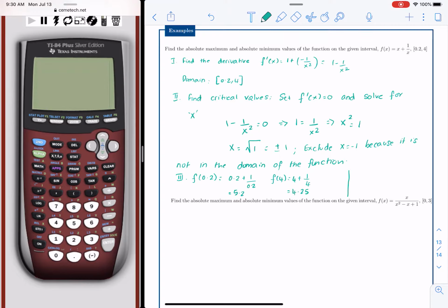So it looks like we start at 5.2, and it is coming back to 4.25. So at 0.2, we have 5.2, and at 4, we have 4.25.